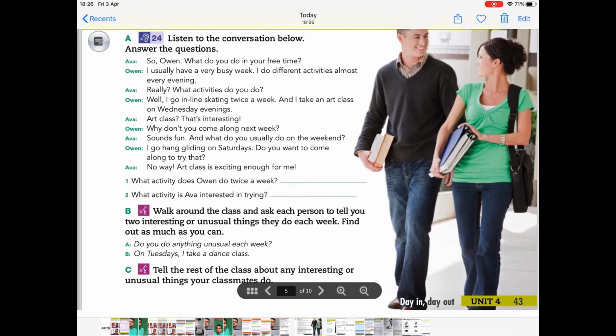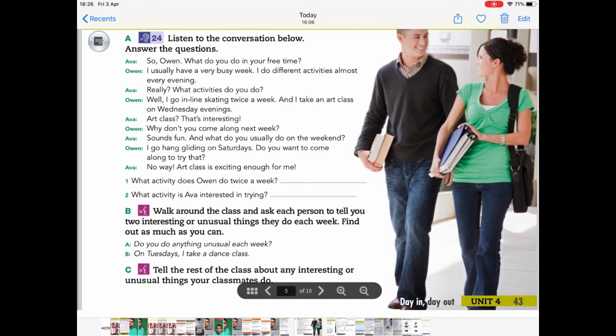Exercise A. So, Owen, what do you do in your free time? I usually have a very busy week. I do different activities almost every evening. Really? What activities do you do? Well, I go inline skating twice a week, and I take an art class on Wednesday evenings.